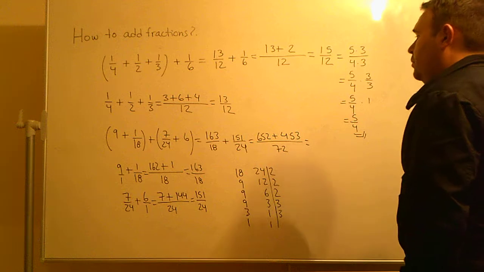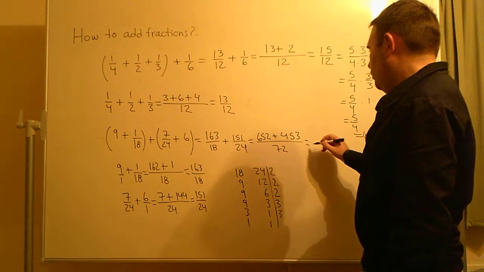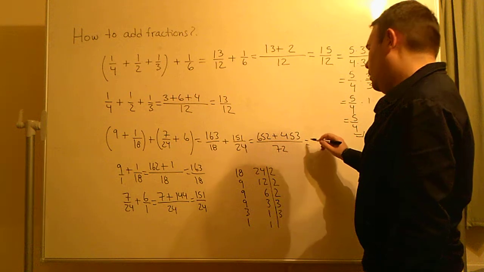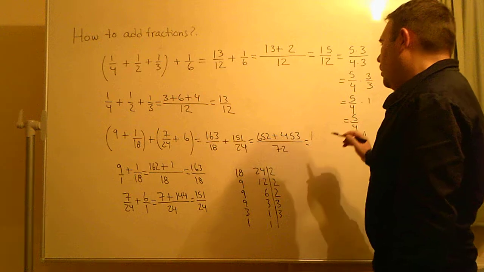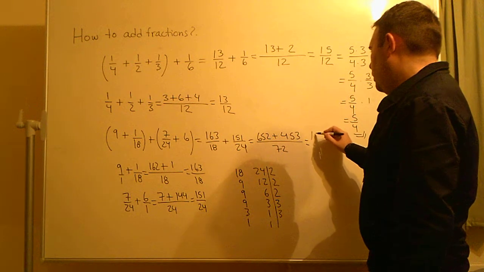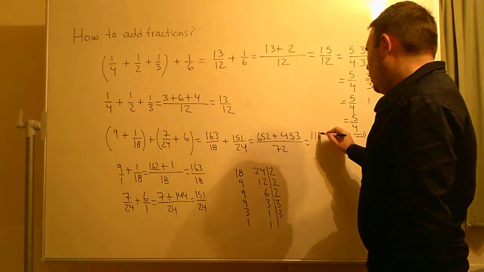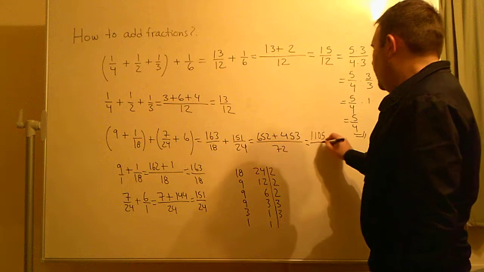And then this would be 1105 divided by 72.